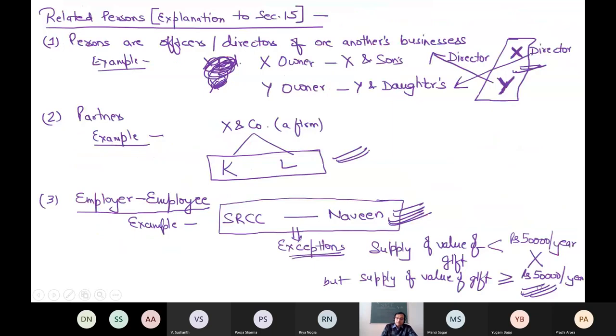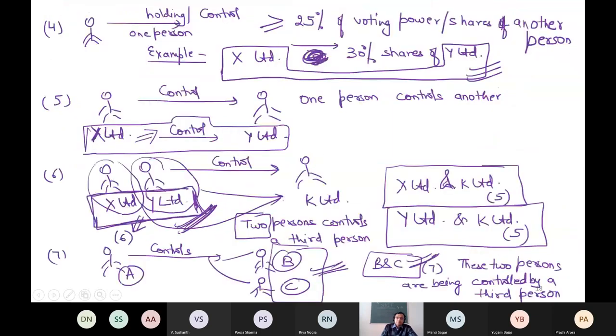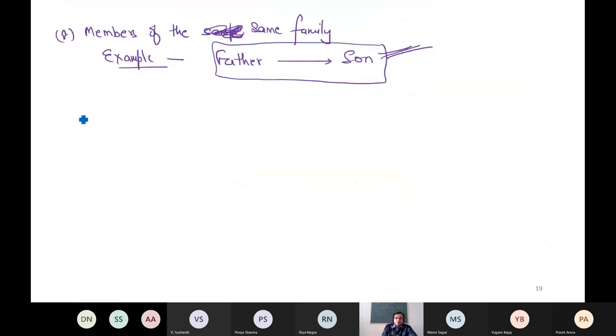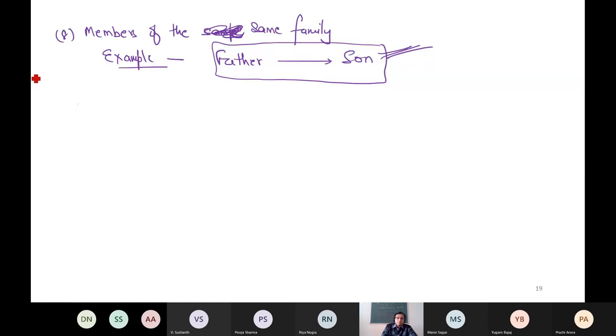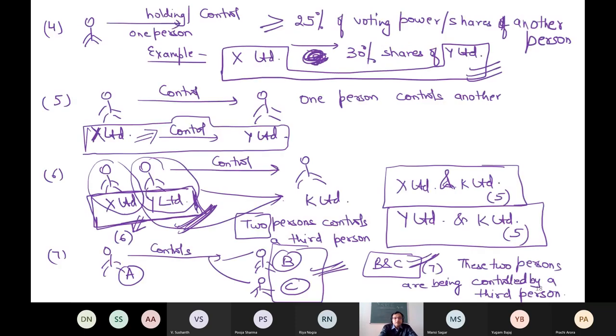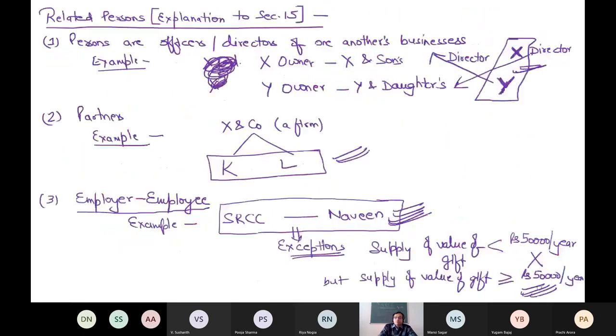So it is the next point. Supply between related persons is covered. And now supply between distinct persons will start.